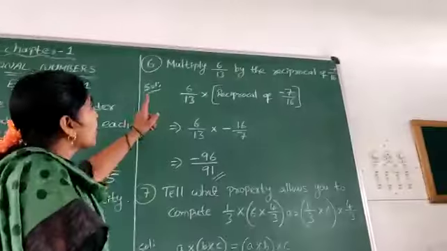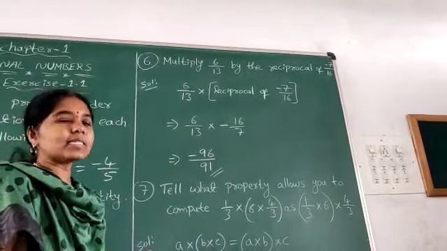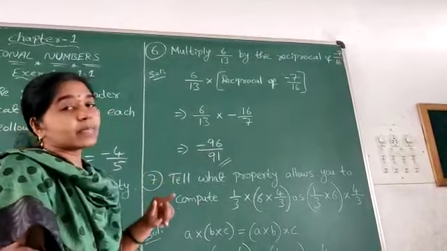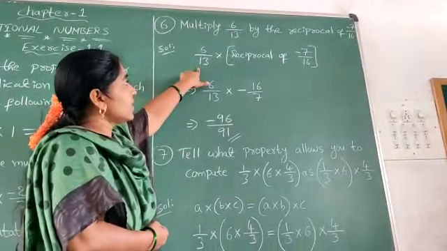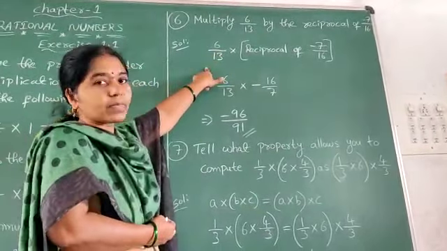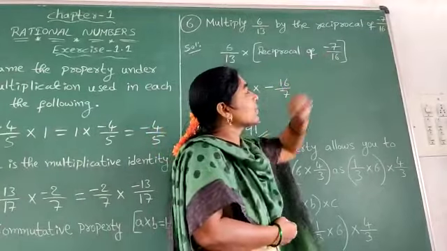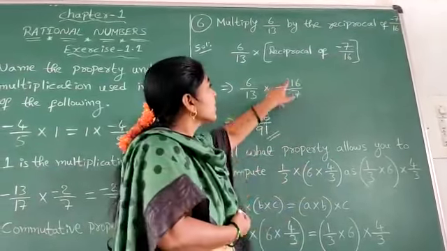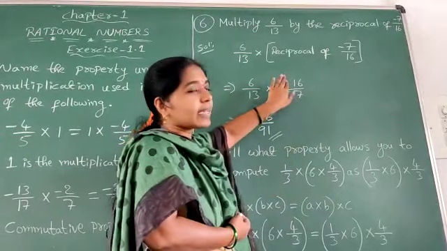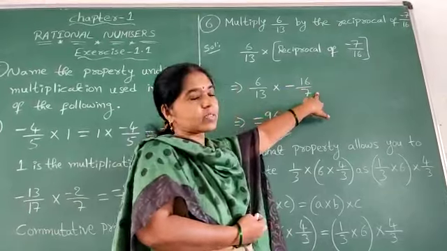Next one, multiply 6 by 13 by the reciprocal of minus 7 by 16. By the reciprocal, this means the first term as it is you write down, that is 6 by 13. The given rational number 6 by 13 as it is you write, into reciprocal of minus 7 by 16. Reciprocal of minus 7 by 16 is minus 16 by 7; minus as it is I kept and only did reciprocal of 7 by 16.